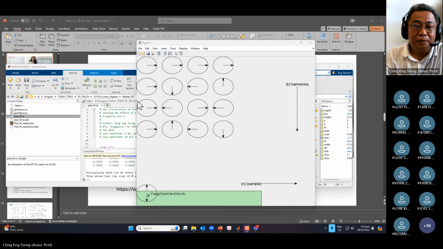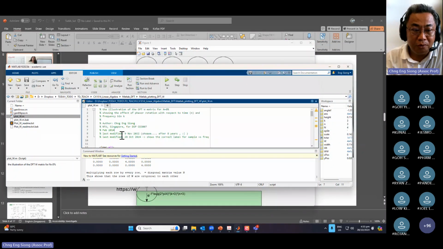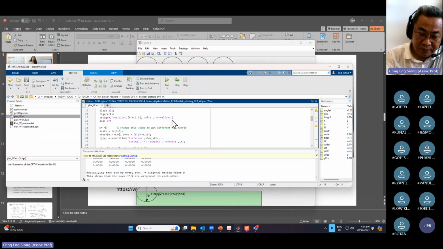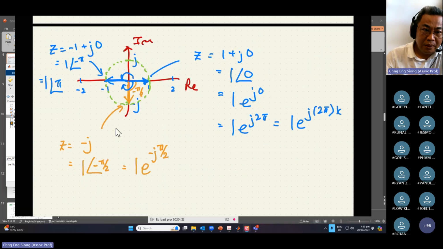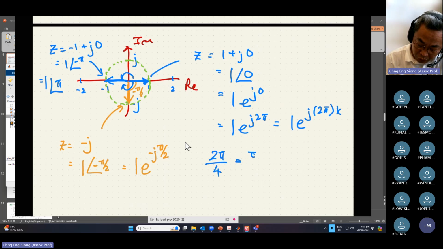Now, this first row is the most interesting one. And I'm now going to use a different n for you. Now I'm going to increase from n equals 4 to 8. Please remember, each step I'm making is pi over 2. Why am I moving by pi over 2 each step? Because it's 2 pi over 4, which is pi over 2.